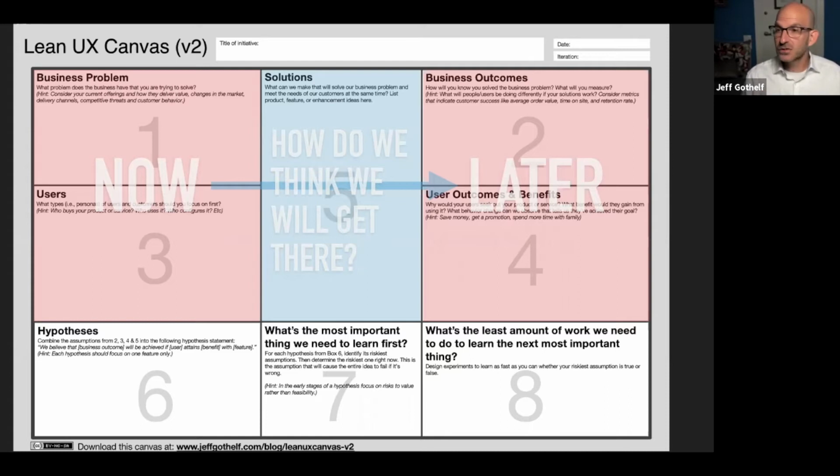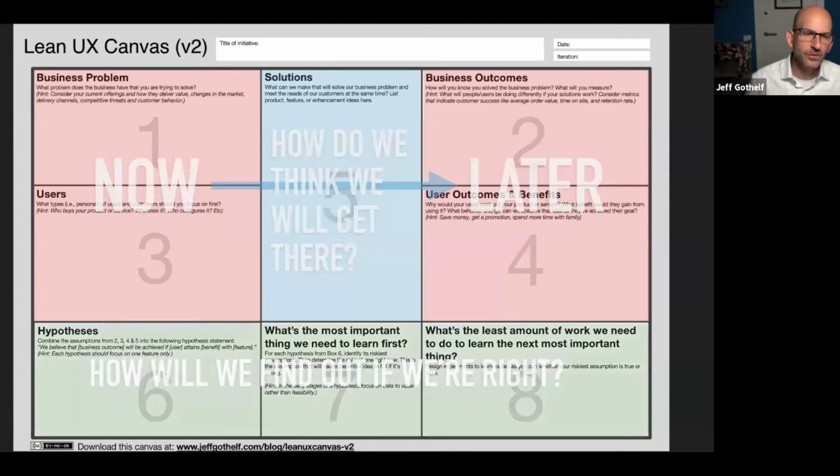Now, as I've said a few times now, everything in boxes 1 through 5 is assumptions. Everything in there is an assumption, right? It's your best guess about the business problem, the customer, the outcomes, et cetera, and the systems that you might build to serve them. And so the bottom third of the canvas is designed to help us test if we're right, okay?